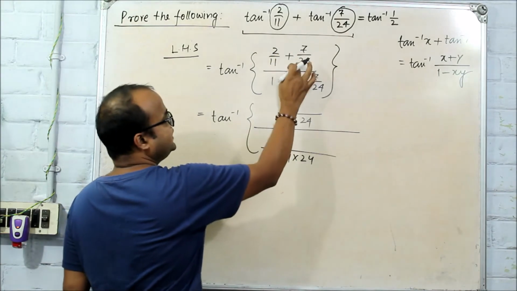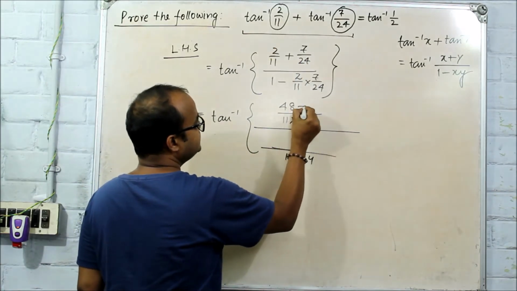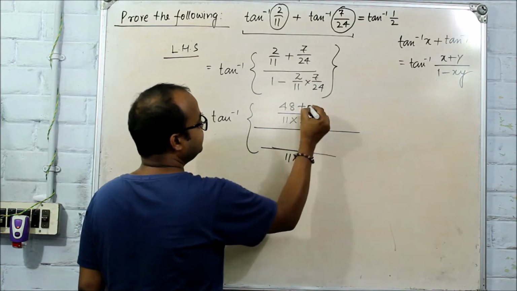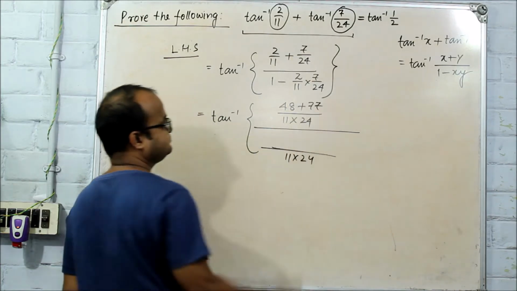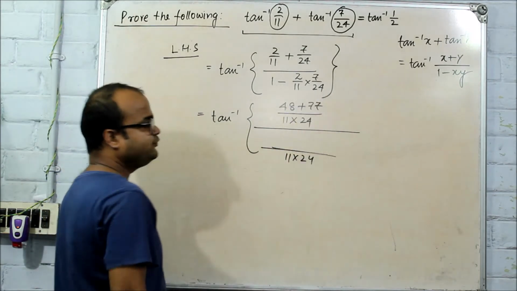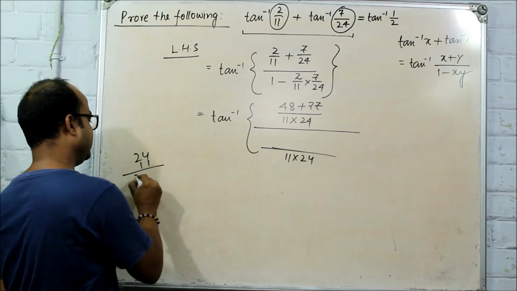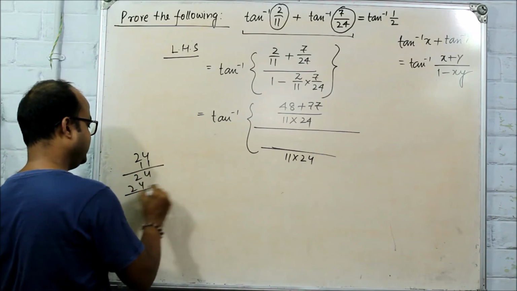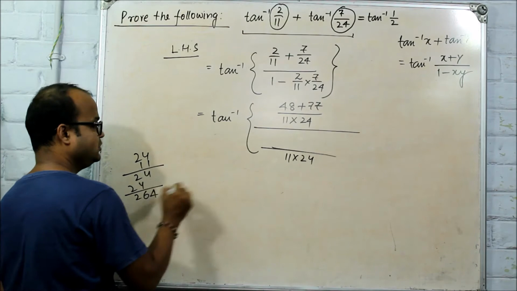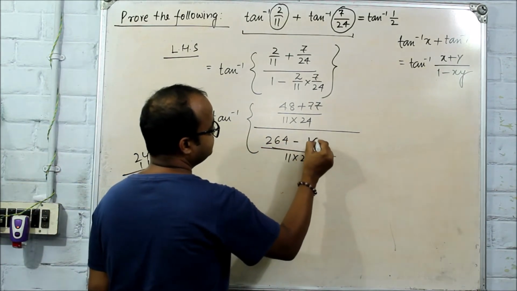So if you simplify, 24 into 2 is 48, plus 11 into 7 is 77. Now if you simplify this, 24 into 11 is 264, so 264 minus 40.